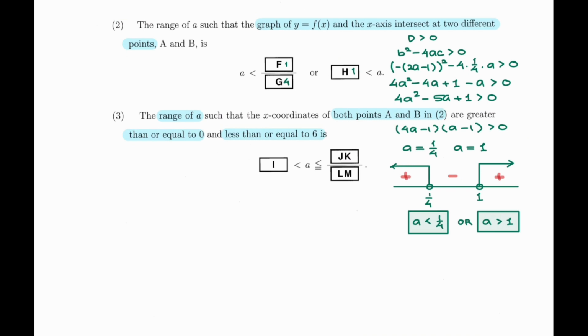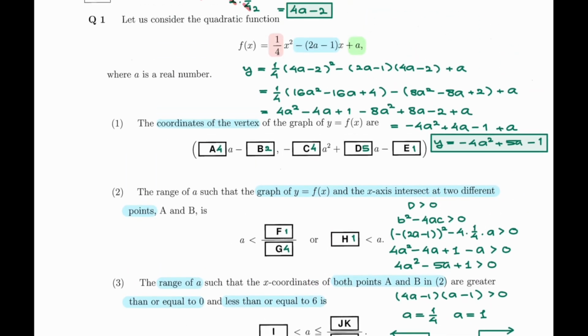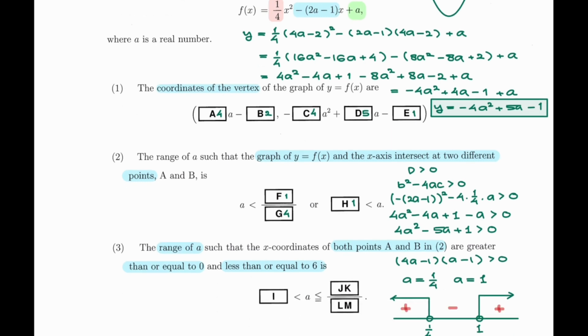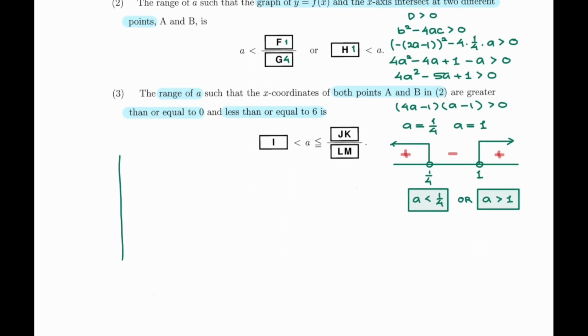If you imagine our quadratic function, it opens upward since the coefficient of x squared is positive. So if I try to illustrate the graph, I think the graph is something like this. Open upward because the coefficient of x squared is positive. And then if I put an axis, horizontal and vertical axis here, this is the y-axis and this is the x-axis.